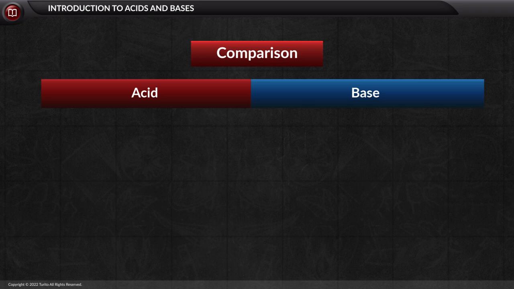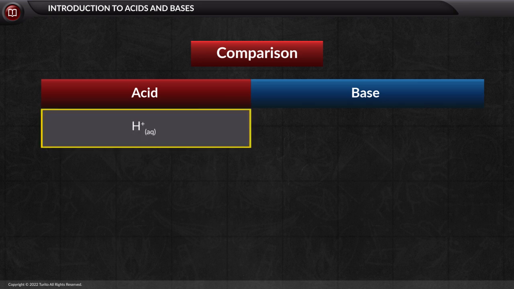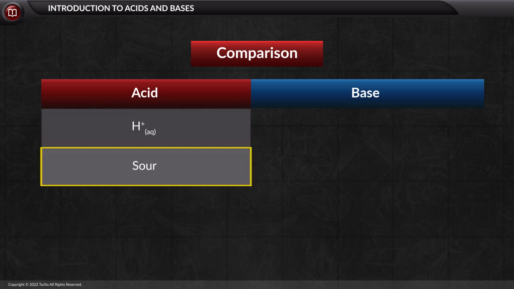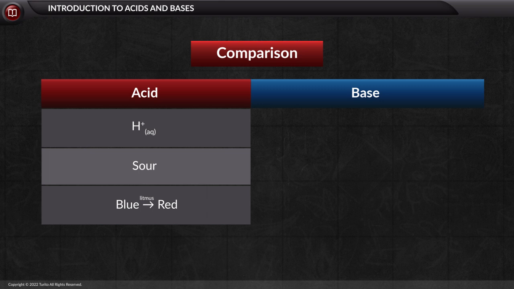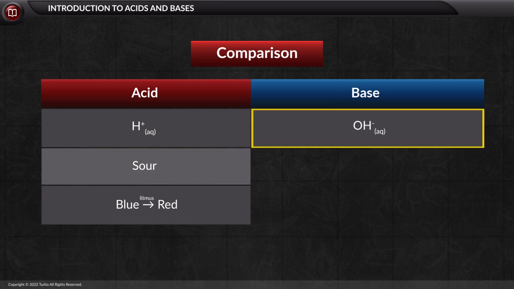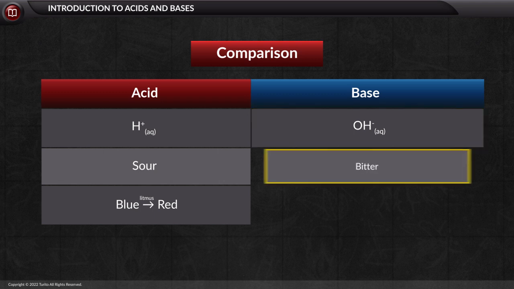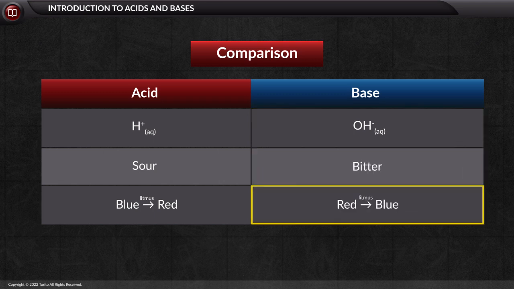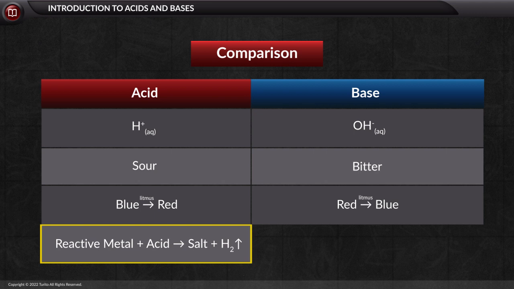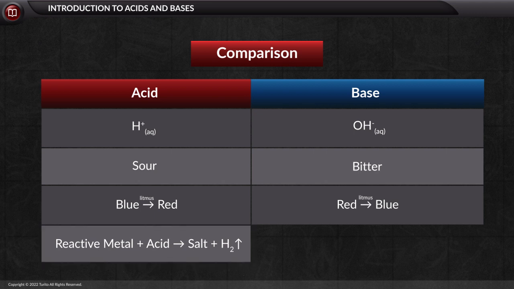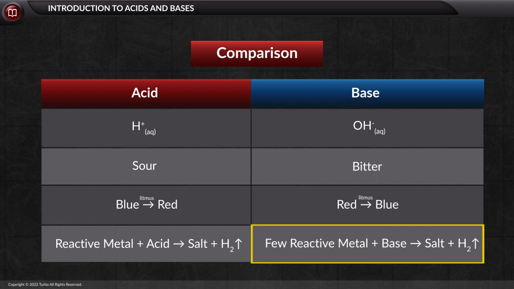Acids are the substances that release H+ in an aqueous medium, sour to taste, and turn blue litmus red. On the other hand, bases are substances that release OH- in an aqueous medium, bitter to taste, and turn red litmus blue. While both show reactivity with active metal, forming a salt, and H2 gas is released, base reactivity is a bit limited as it can react with only a few metals.